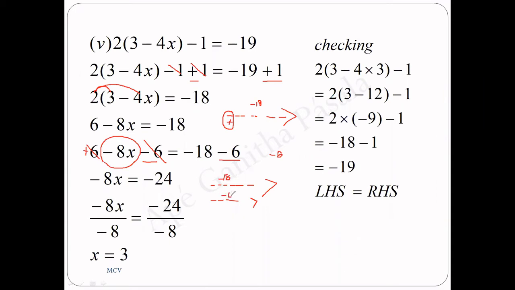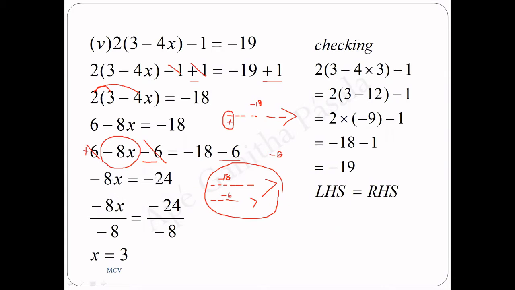You can't cancel out because the signs are the same. 18 plus 6 is 24. So, what is the total number of minuses? Total number of minuses is 24. So, minus 24 is the solution for this.